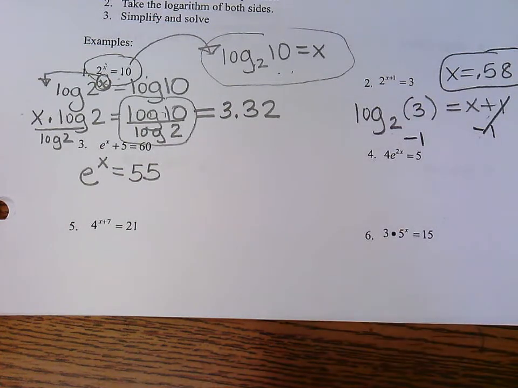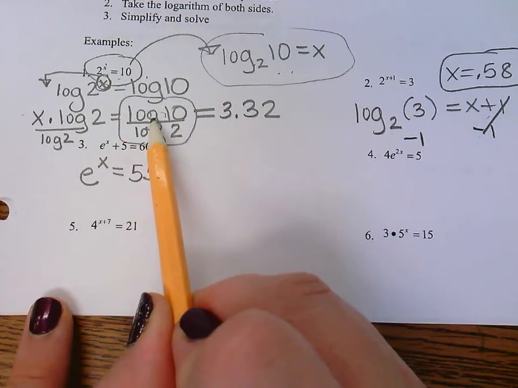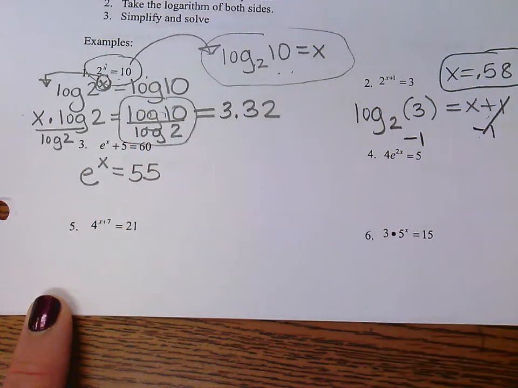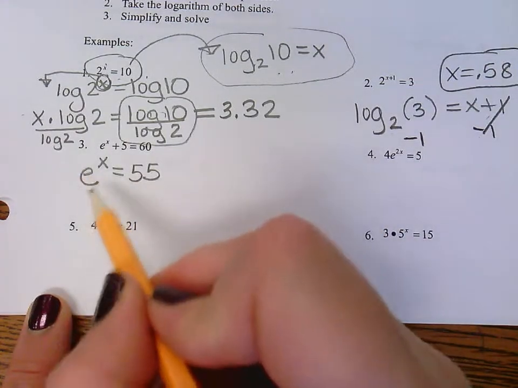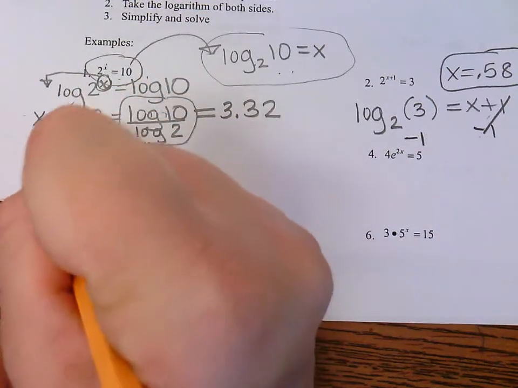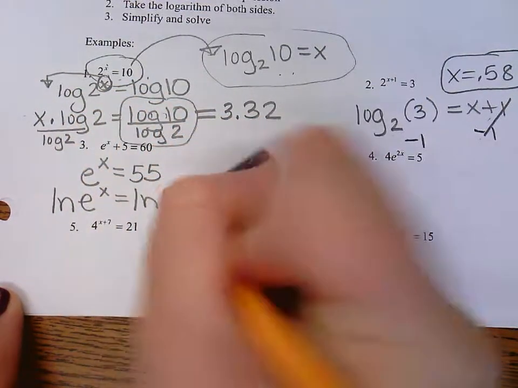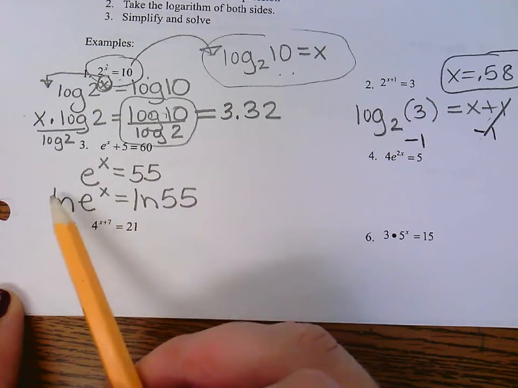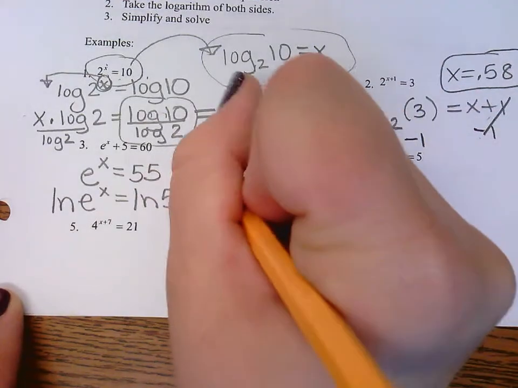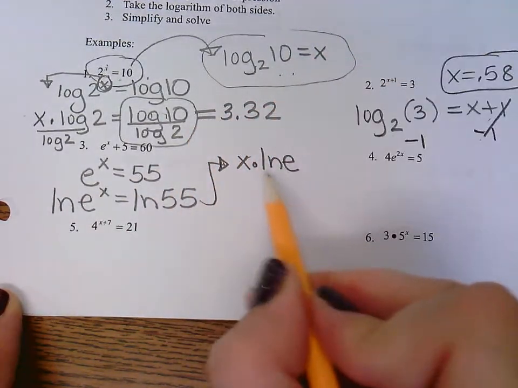So to me, a shortcut, instead of taking the log of both sides, it'll be special if you take the natural log of both sides, because if the base is already e, something special happens. So if you take the natural log of both sides of the equation, you'd have the natural log of e to the x equals the natural log of 55. Your next step is that your x comes down front. Now you just have the natural log of e.